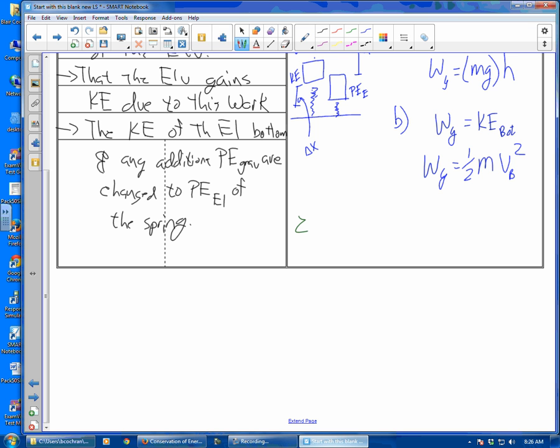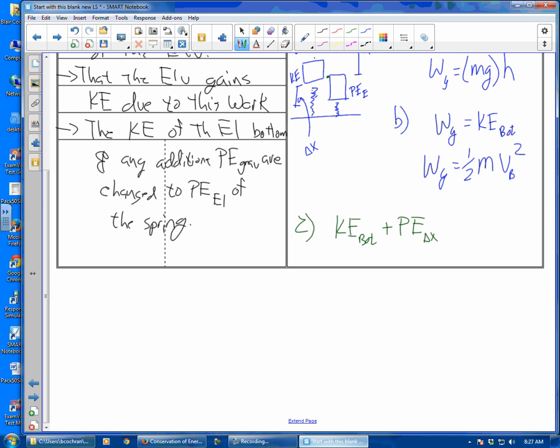So right at this point, right before it hits, as it just gets to the spring, it has the kinetic energy that it had at the bottom, and then as it compresses the spring, it changes potential energy.